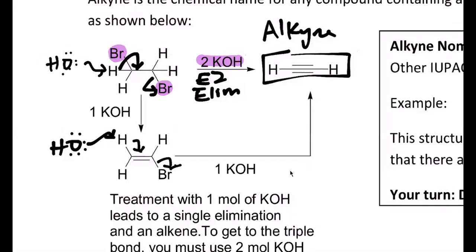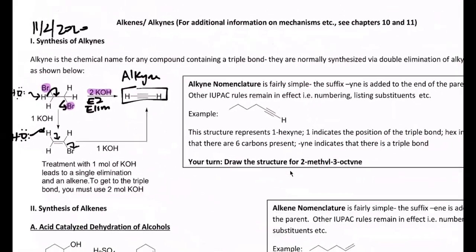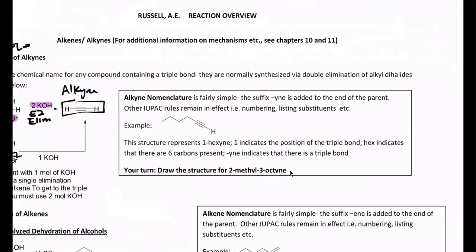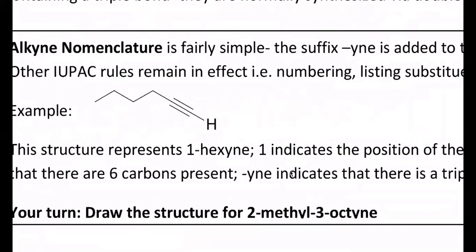Right. And then over here, as far as the naming is concerned, I don't want to get too deep in the weeds on nomenclature because we're going to do a whole section on that coming up after this. But for an alkyne, there's no cis or trans because all triple bonds are linear, right? So it can't be cis or trans.